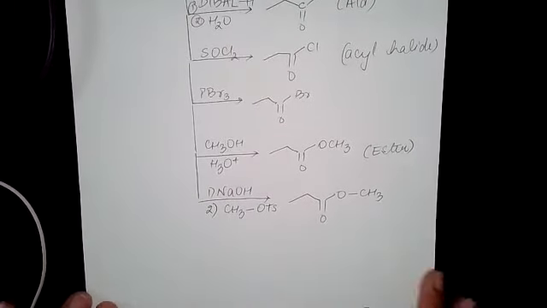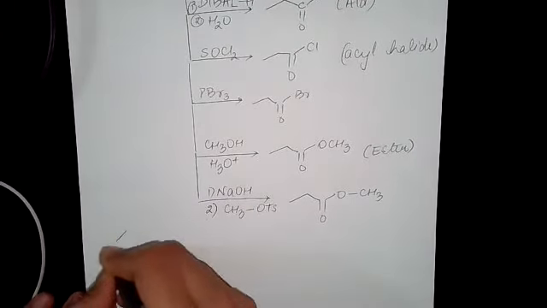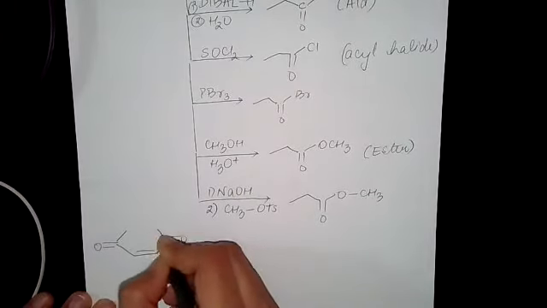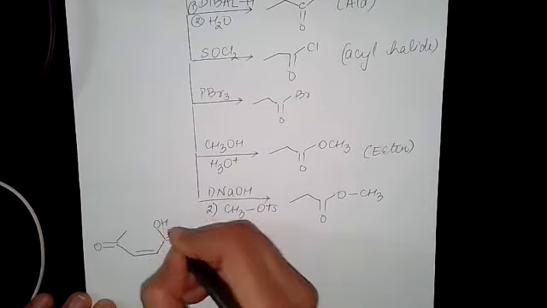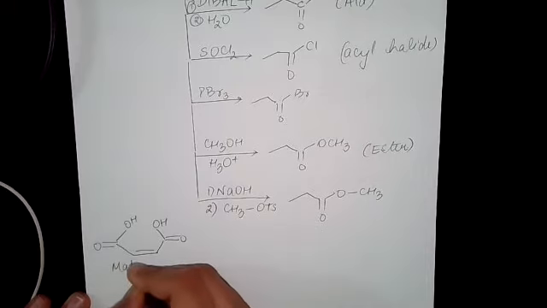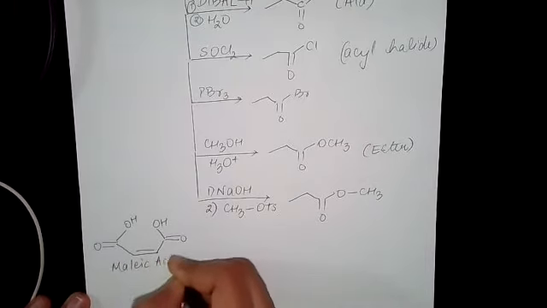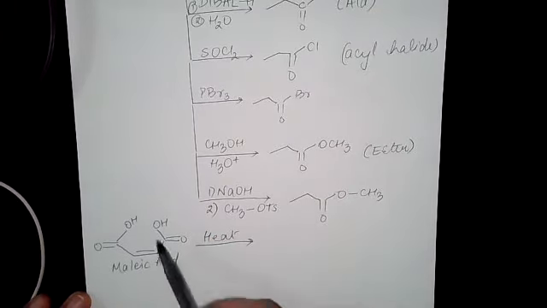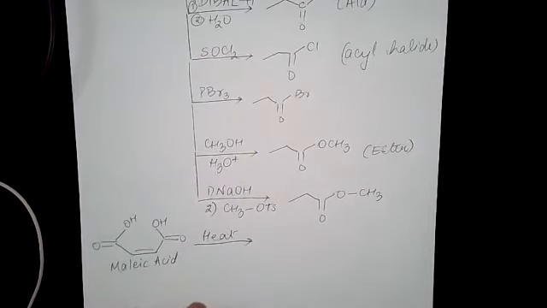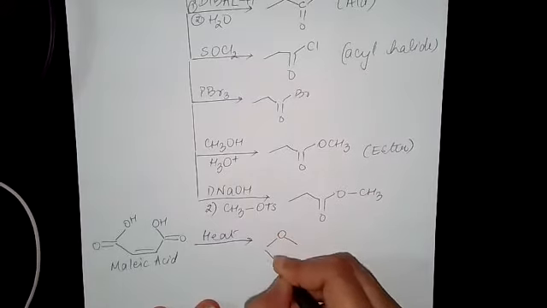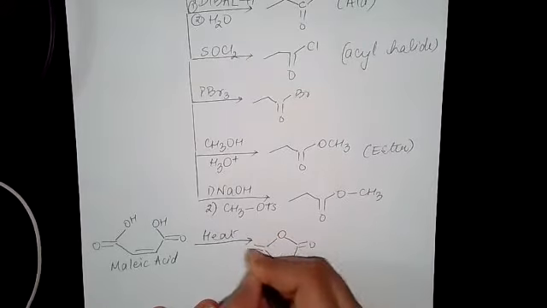Another important reaction that comes to my mind right now is with malonic acid. So if we have a linear kind of a dicarboxylic acid, this is malonic acid, in presence of heat it will lose a water molecule and generate an anhydride.